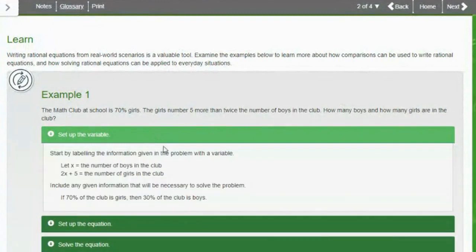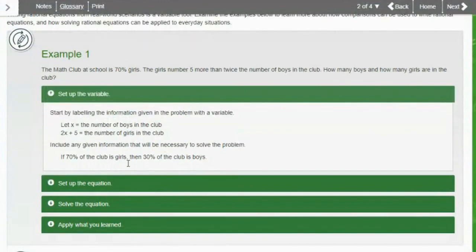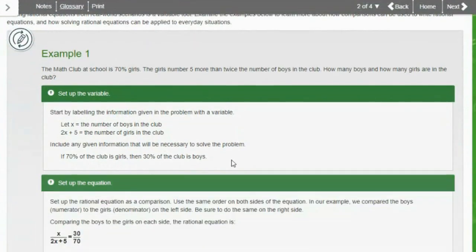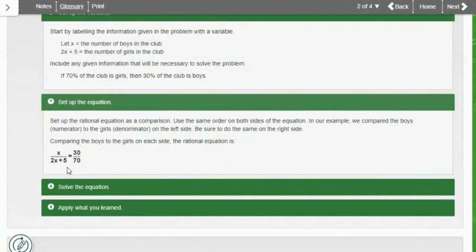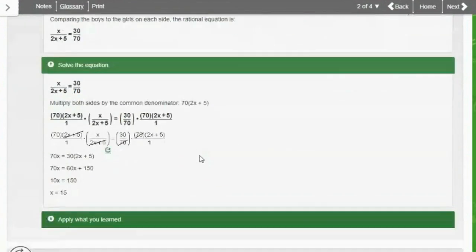Let's see how they did it. X, 2X plus 5, 70%, 30%. They set up the X over 2X plus 5. And then, let's see, they did the common denominator, but they canceled out the common denominator to end up with the same thing I did, because they multiplied by the whole denominator. 70 times 2X plus 5.